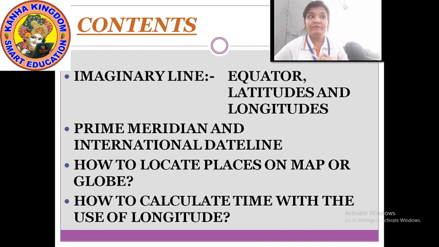In this, we will see the facts about the latitude and the importance about the latitude, the facts about the longitude, and importance about the longitude. Okay? More we will see the prime meridian.